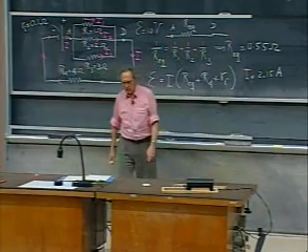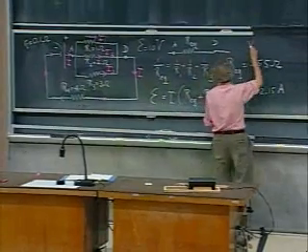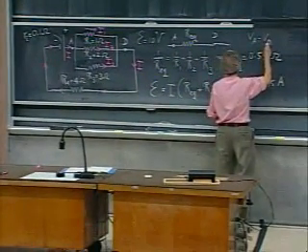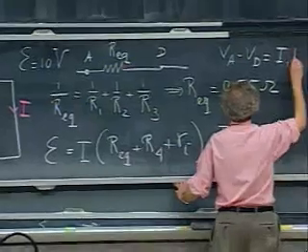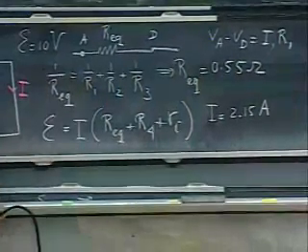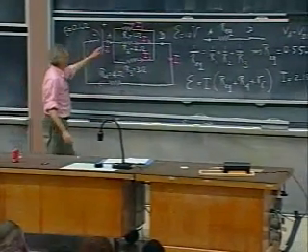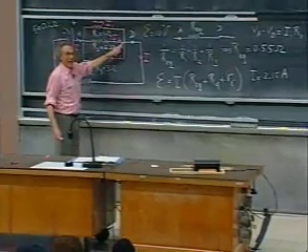If I know the potential difference between A and D, VA minus VD, that must be, according to Ohm's law, I1 R1 if I go this route. But since we're dealing with conservative forces, I can also go through this path. The path doesn't matter.